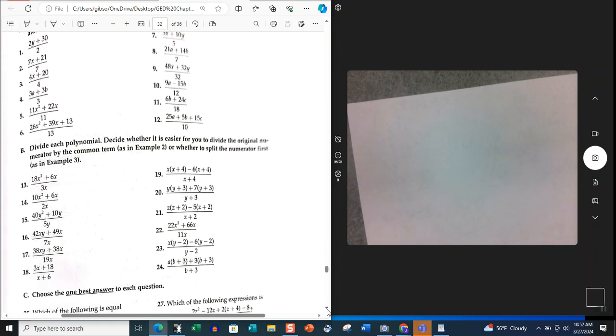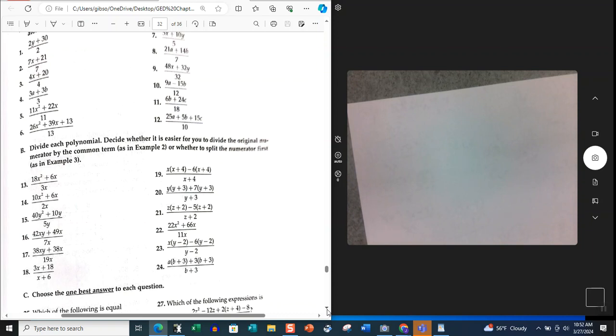It says divide each polynomial. Decide whether it is easier for you to divide the original numerator by the common term. So basically, we have the same thing that we had before as far as the directions. So we could do that. Yeah, we could do this and solve this.